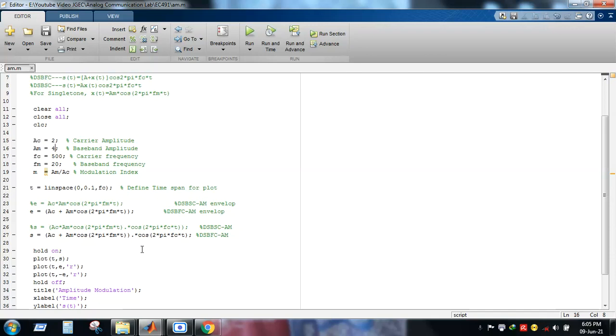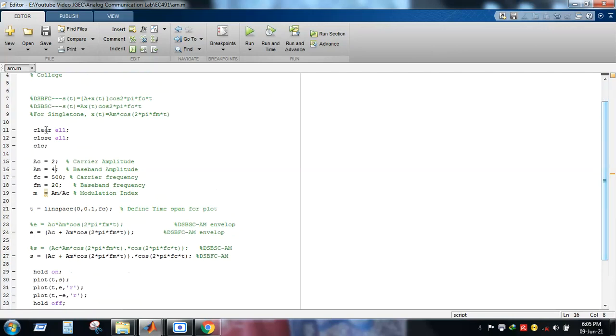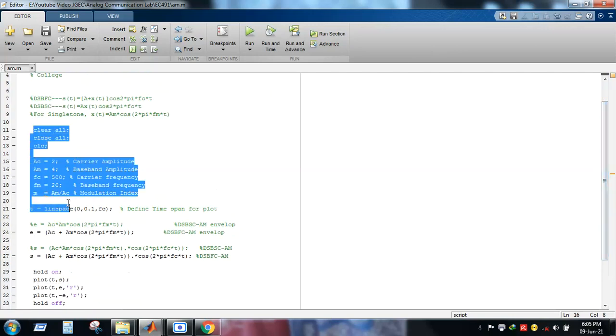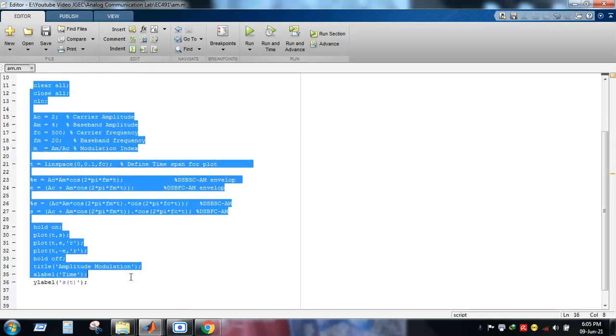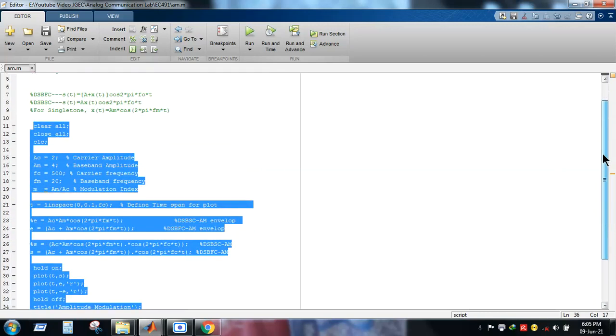Hope this simulation is very helpful to you to understand the theory of modulation. Moreover, you should remember that this is the corresponding program, and during the semester you need to write down this code in your lab copy, either on A4 pages.